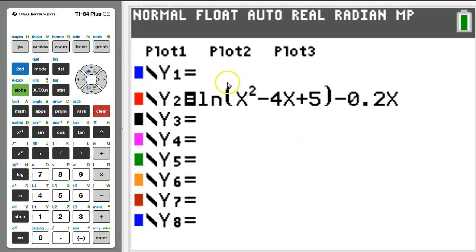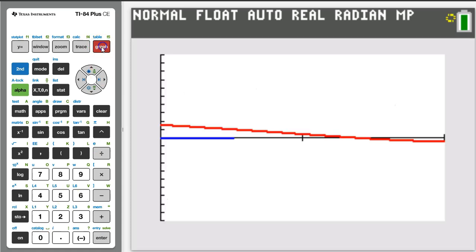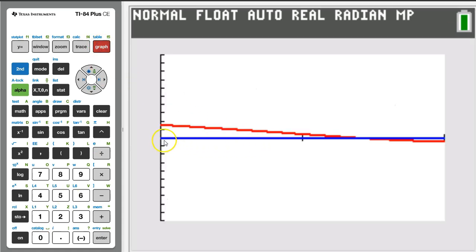Now I'm going to show you the method I actually prefer, which is to graph the x-axis itself by going back to y equals and letting y1, or really any of these, equal 0. Hit graph again. Now you can see the x-axis is shown as this blue line. Now the 0 will be the intersection point between the red and the blue.